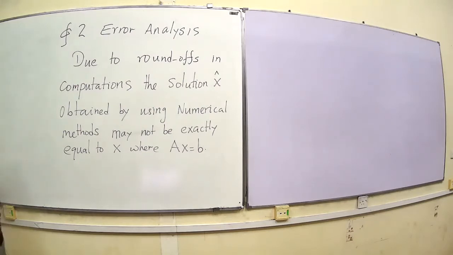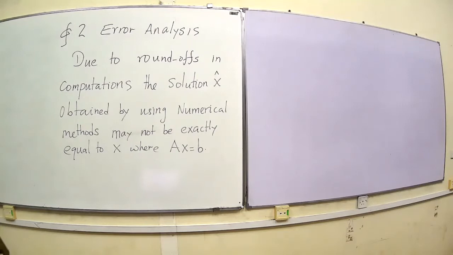Talking about floating point, fixed point, rounding, chopping, and things like that. Because of those kinds of calculations, the numerically computed solution may not be exactly equal to the real solution. So it is always considered as an approximation for x.